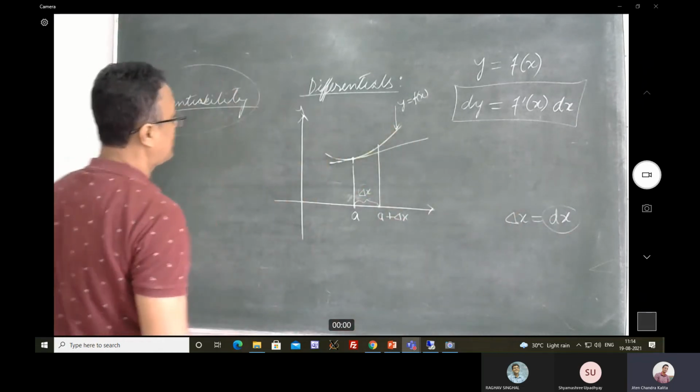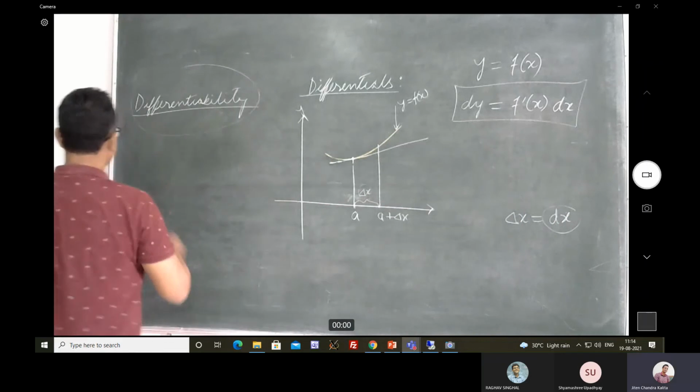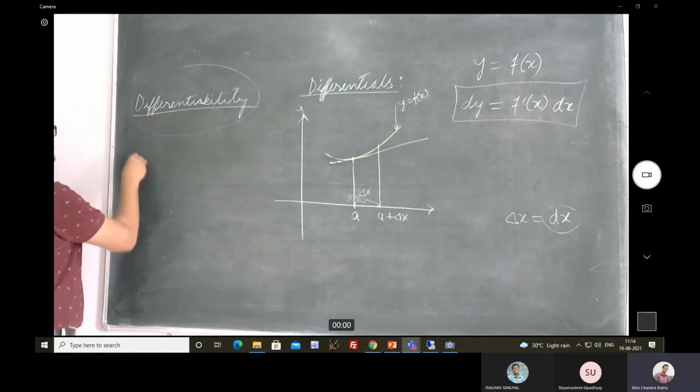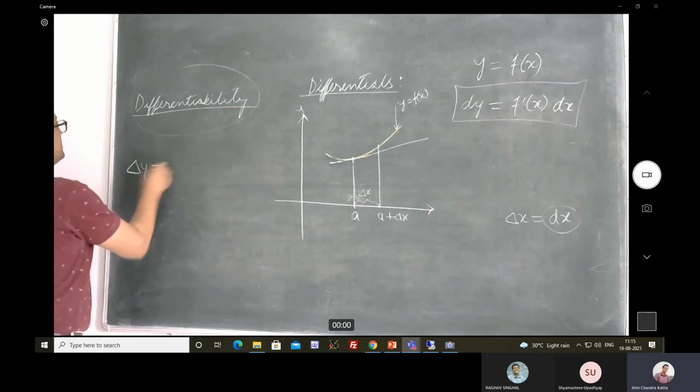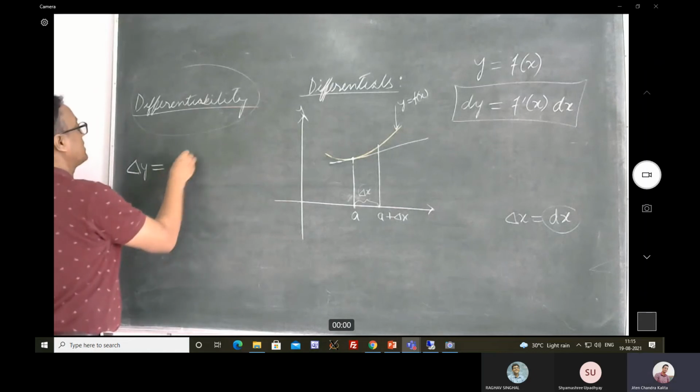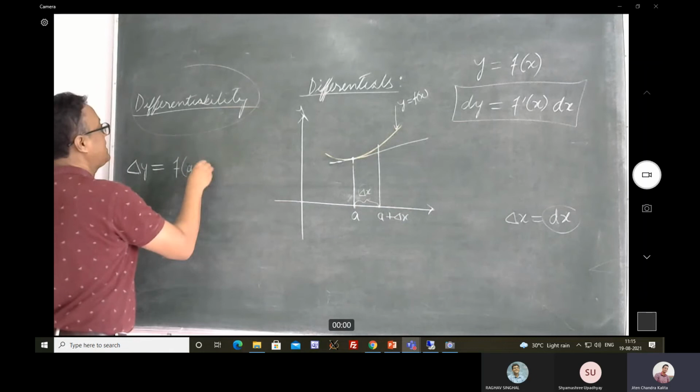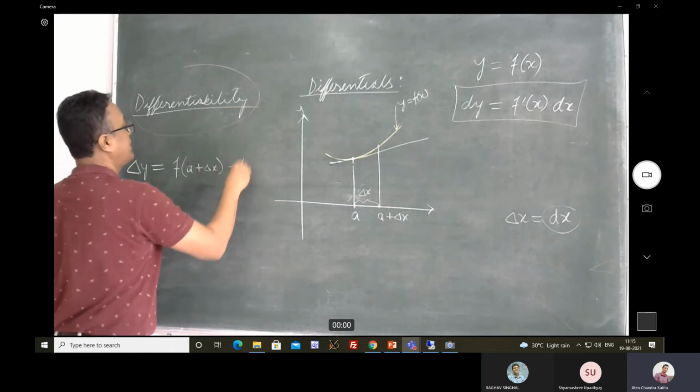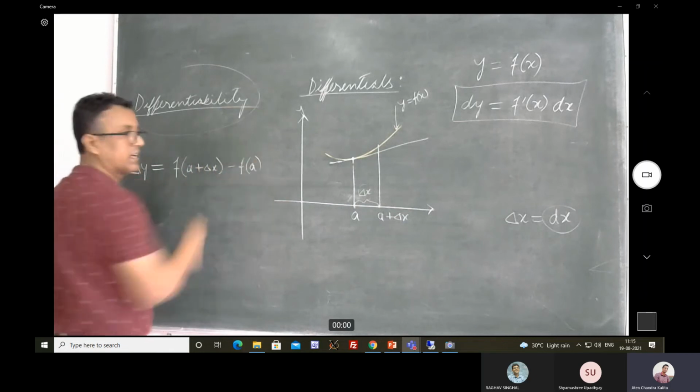Now, if I want to find the increment of y, it is simply f of a plus delta x minus f of a, right?